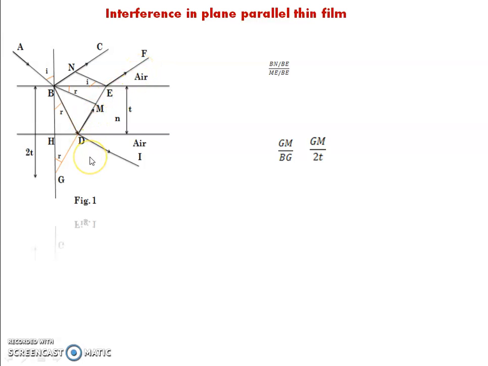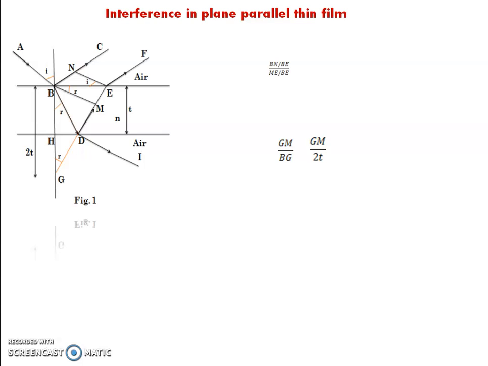Now let us calculate the path difference between the rays BC and BDEF. Let EN and BM be the perpendiculars to BC and DE respectively. Let T be the thickness of the film, that is BH.